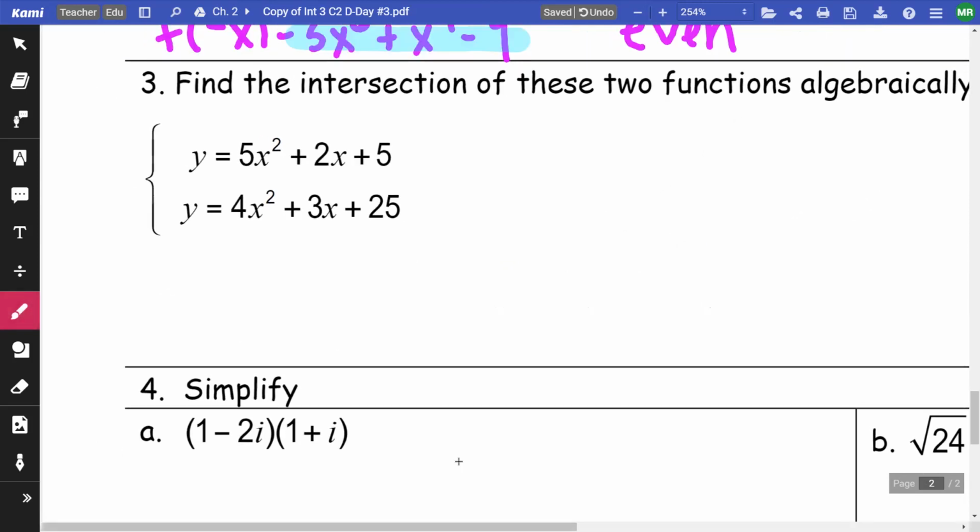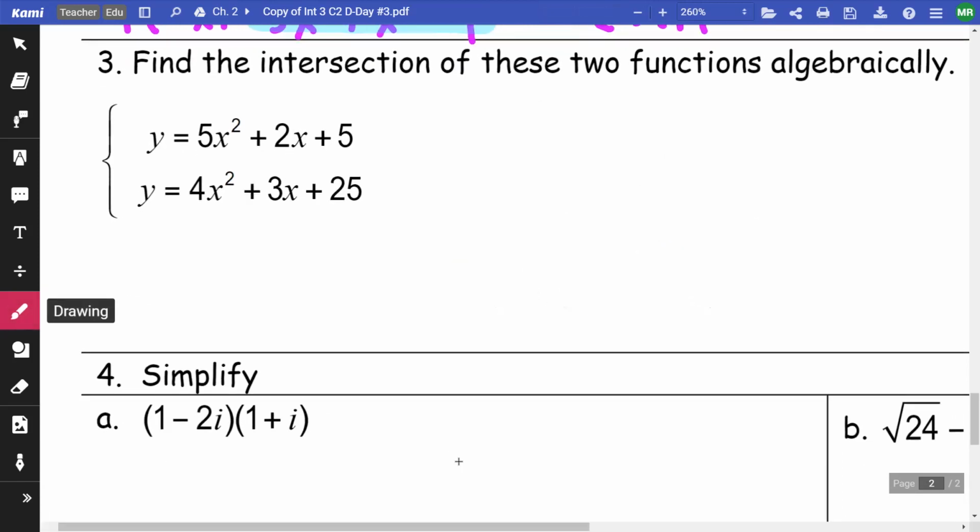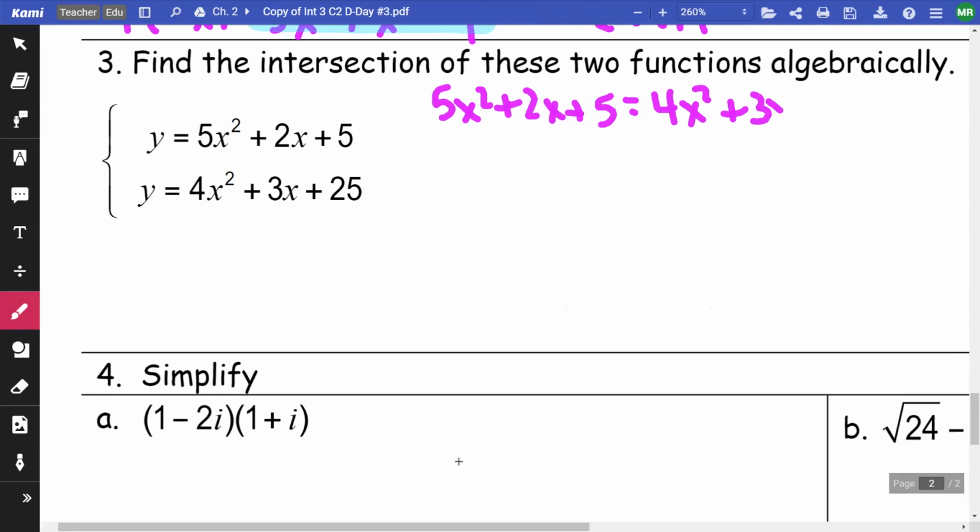This is review from Integrated 1 in the sense of systems of equations, but really Integrated 2 because we did them with quadratics. Both of these are y equals, so we can use equal values. I'm going to take 5x squared plus 2x plus 5 and set it equal to 4x squared plus 3x plus 25.